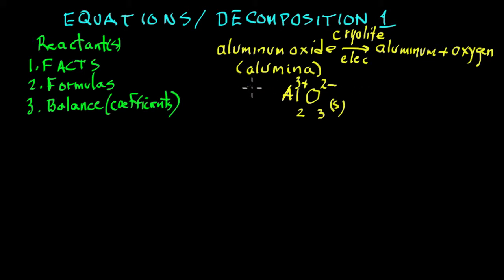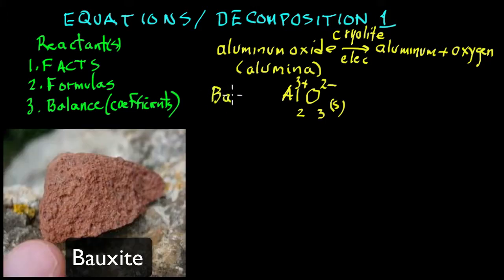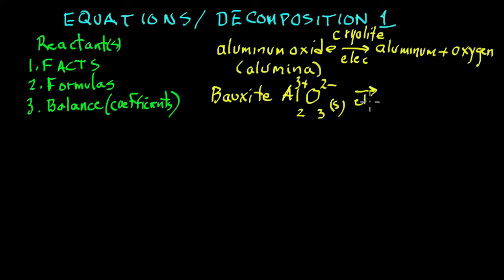And by the way, this substance comes from a very valuable ore called bauxite. It's nice to know that these things come from the real world. Australia is a big producer, some areas in South America and Africa. Aluminum oxide. You use electricity, and you get aluminum, Al. Oxygen is diatomic. Don't forget, one of the 7 diatomics.